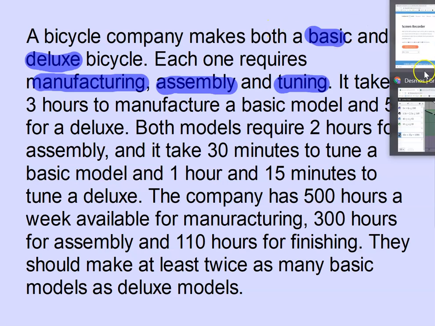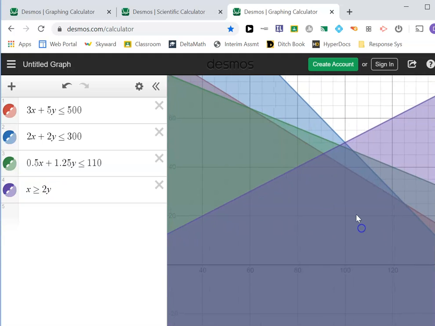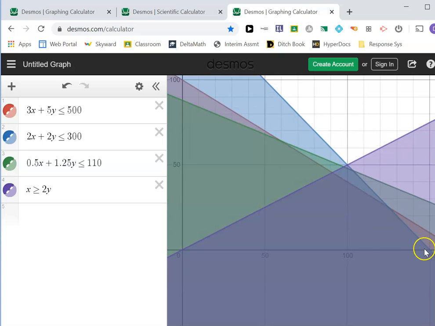If you look at a graph of that situation, here it is. By the way, one of the things said, hey, you have to make at least twice as many basics as deluxes. So this region right in here, this triangular region, is the region where all of them are shaded, which means you can make any combination inside here and still meet all your criteria.